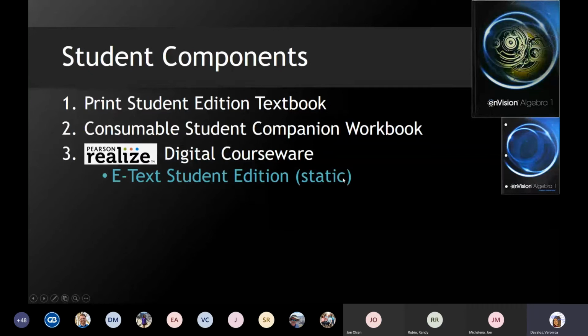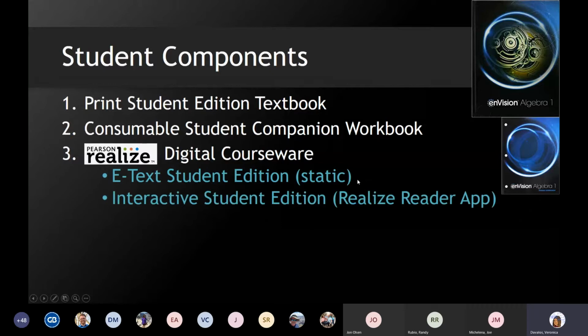And in that Realize platform, they will have an e-text student edition, which is static. It's like a PDF type of textbook that they'll be able to use. And this one will be able to be downloaded onto their devices, so whether they're offline or online, they'll have access to it. Having that internet connection is one less worry once they download this.